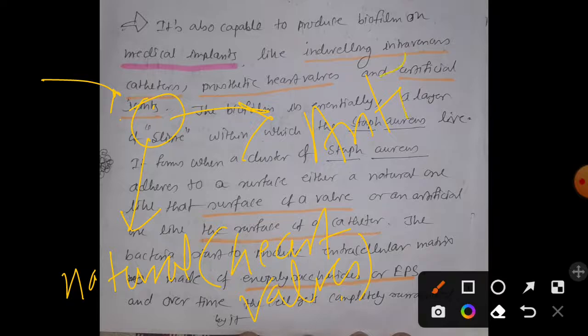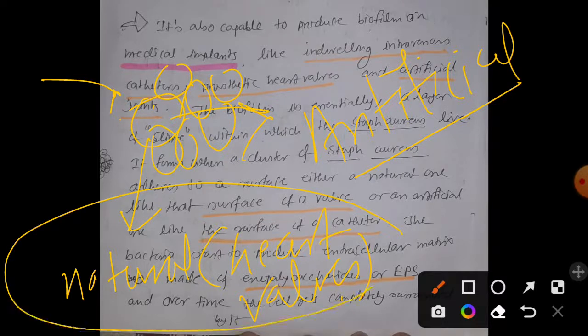In case of artificial, take the example of medical implants, such as indwelling intravenous catheters, prosthetic heart valves, artificial joints. A cluster of bacteria will adhere over this kind of surface.